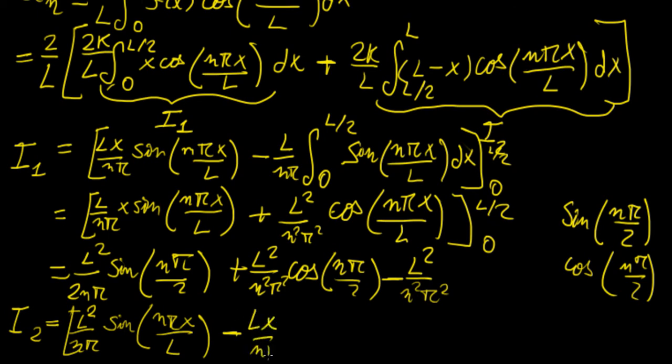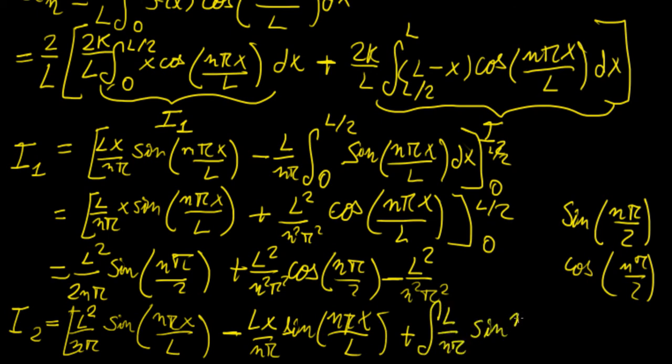Lx over n pi sine of n pi x over L plus the integral of L over n pi sine of n pi x over L, and then all of this evaluated between the limits L on 2 and L.